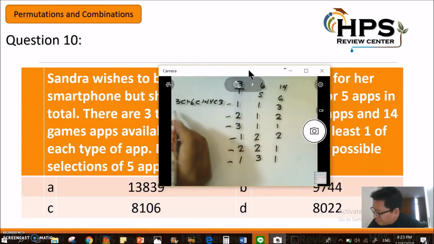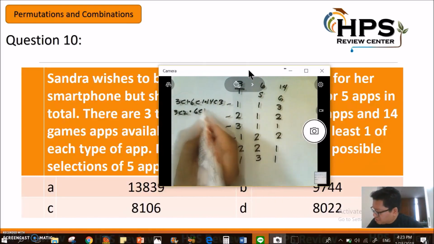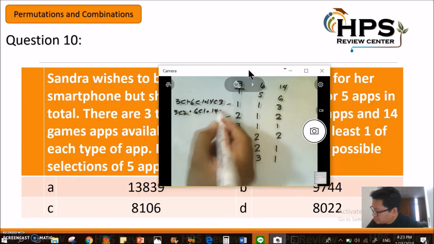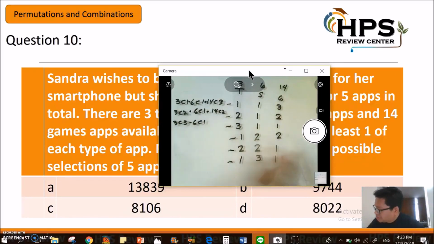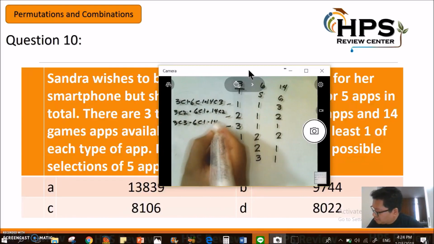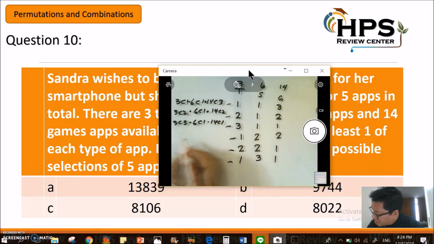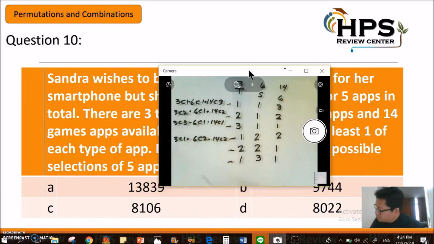Or this is now 3C2, and that is 6C1 times this is 14C2. So basically you just need to keep on doing that until you would be able to complete everything like that. And for this you have 3C1 times 6C2 times 14C2.